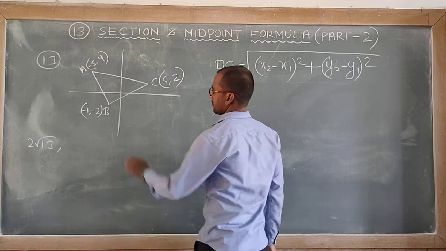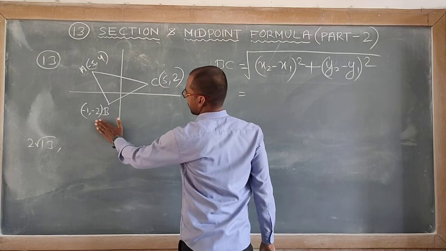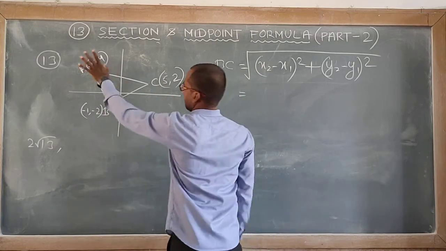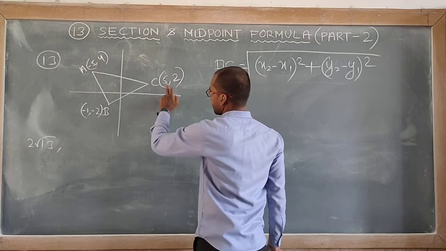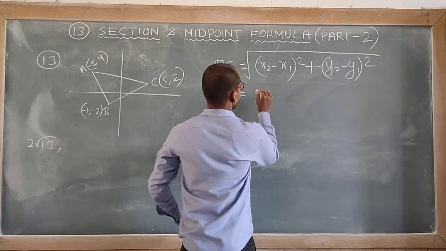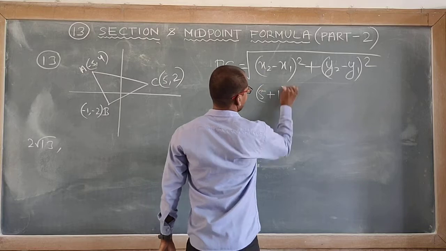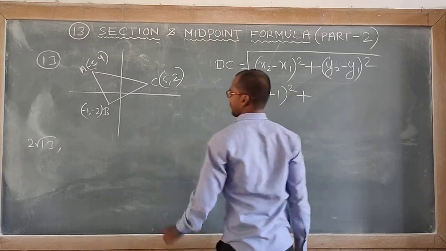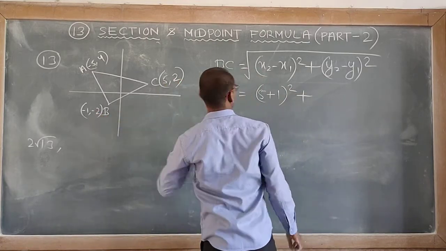Imagine that this is x1, y1 and this is x2, y2. Now forget A. So x2 minus x1 means 5 minus -1, which is 5 plus 1. y2 minus y1 means 2 minus -2, which is 2 plus 2.